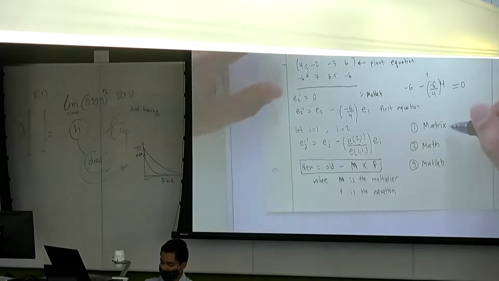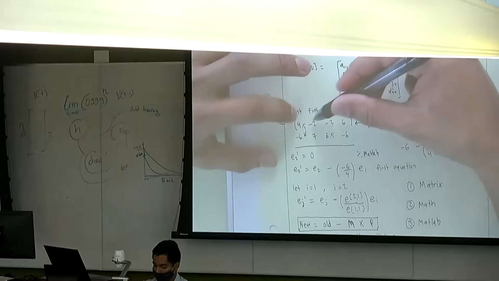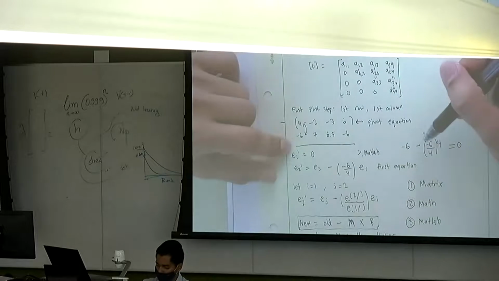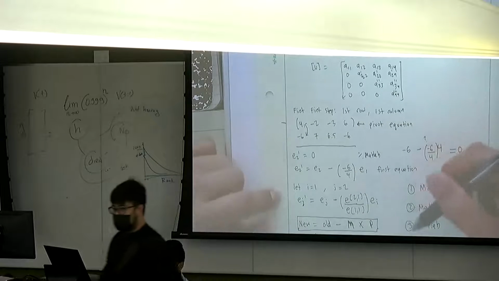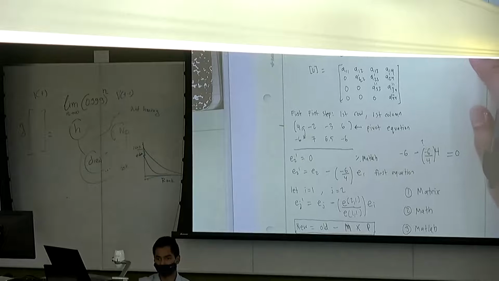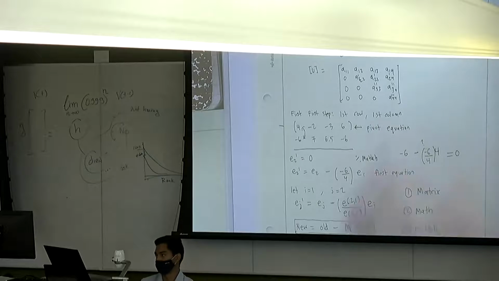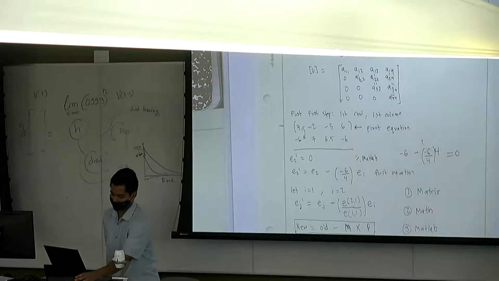So the matrix way, we just defined the two vectors, the two arrays, and then we just subtracted them with the numbers. The math way, we defined some equations, and the MATLAB way, we're going to define them into MATLAB. So that being said, let's jump into MATLAB and let's see what this looks like for the first equation.